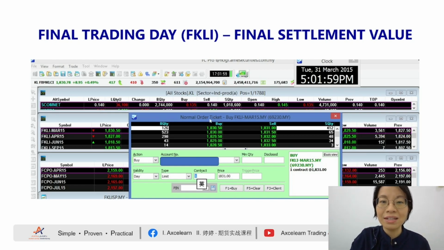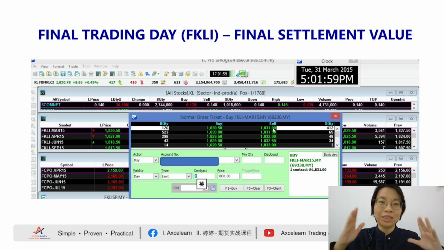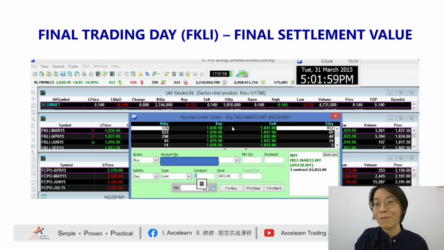And the buyer and seller is still at 30.5, 31, meaning the market either settled at the price of 30.5 or 31. That's it. So this is the first way for you to gauge this final settlement value. And trust me, this will not be too wrong because many of them already calculated. Impossible that they are going to buy or sell at a higher or lower price than this. So this is one of the methods.